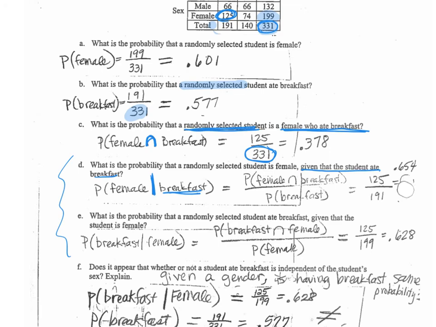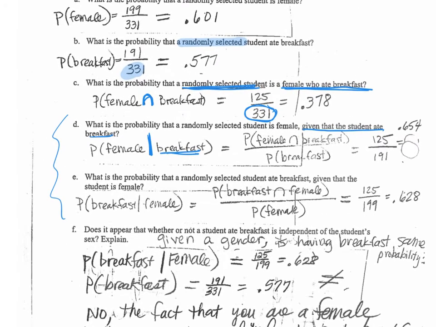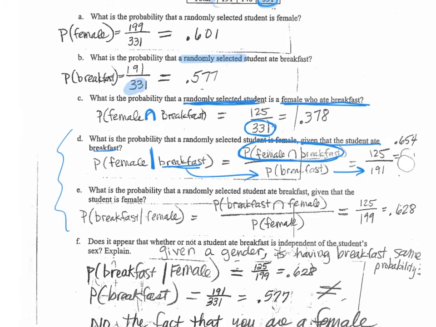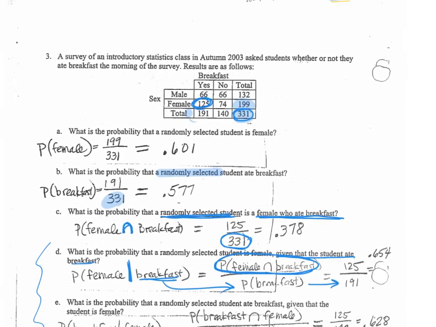So that is out of the breakfast eaters, and there are a total of 191 breakfast eaters. Then I want the overlap of female and breakfast on top. The top is always the overlap of those two things. So that's the 125, the overlap of the female and breakfast right here.